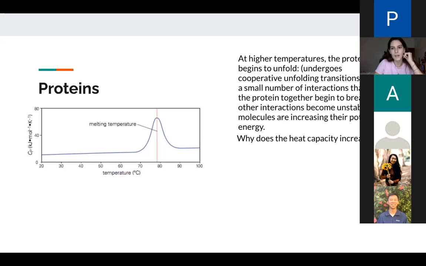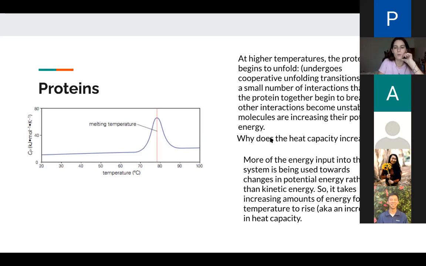So why, when this happens, does the heat capacity increase? More of the energy input into the system is being used toward changes in potential energy rather than changes in kinetic energy. So it will take increasing amounts of energy for the temperature to rise.